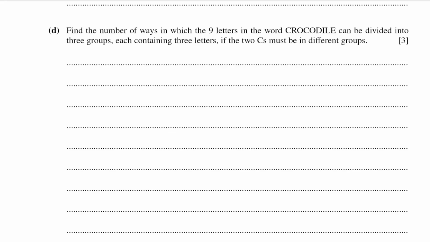So this is a combinations question with repeating terms. The 2 C's in crocodile repeat, and so do the 2 O's in crocodile. So we have 2 items that repeat twice.